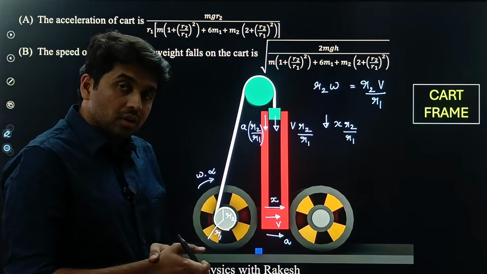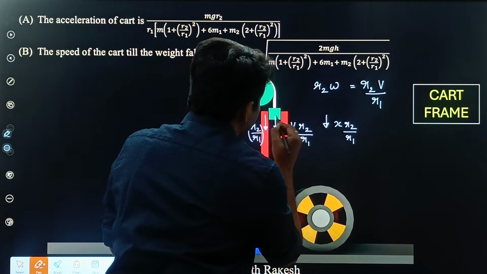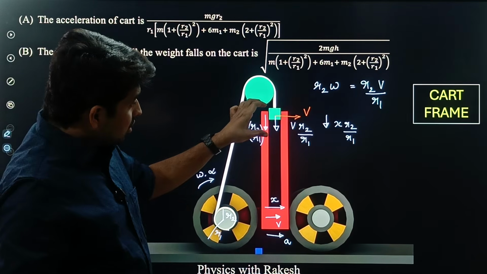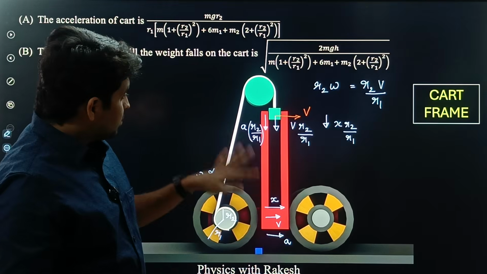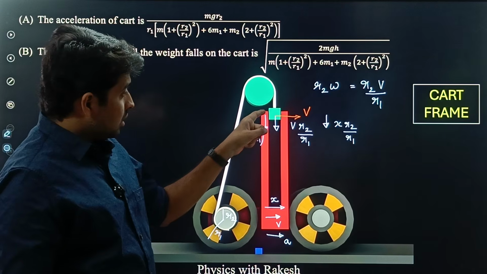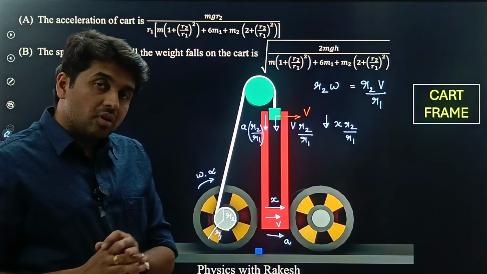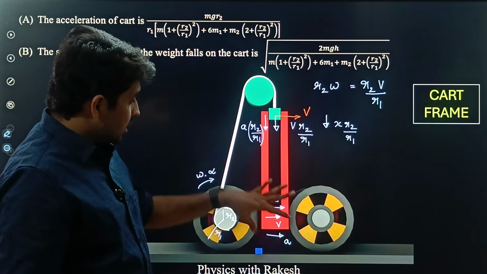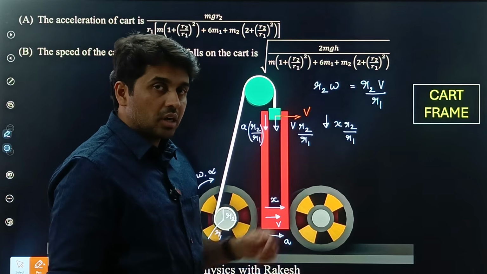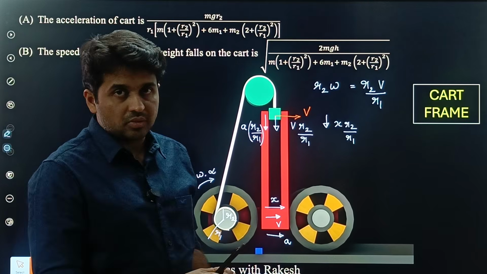So with respect to the ground, this mass will have velocity V R2 by R1 this side and V in this direction, because this is moving along with the cart in this direction, right? Similarly, it has an acceleration A R2 by R1 and also an acceleration A in this direction. So before moving forward, I just want you to know the relations between the cart and the mass, the motion parameters relation. Now let us move on to solving these options.